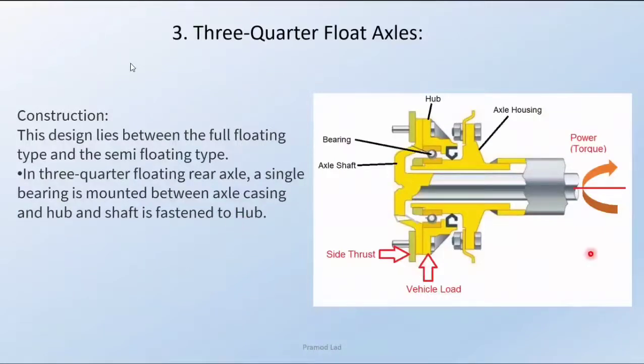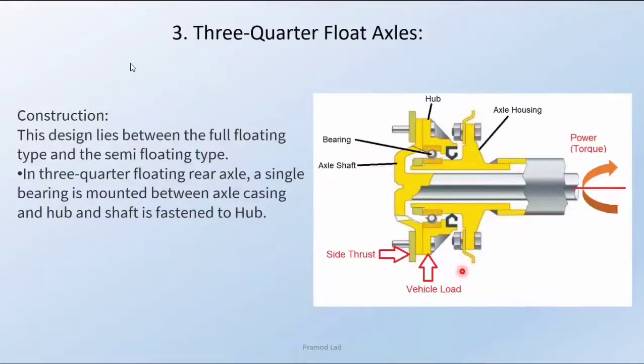So this construction is actually a hybrid of the semi-float and full float. Here, as you can see, this is the axle casing, this is the hub and this is the shaft, and there is a single bearing fitted in between the hub and the casing.